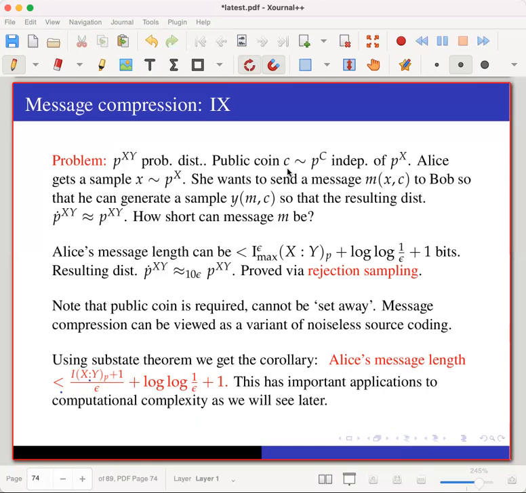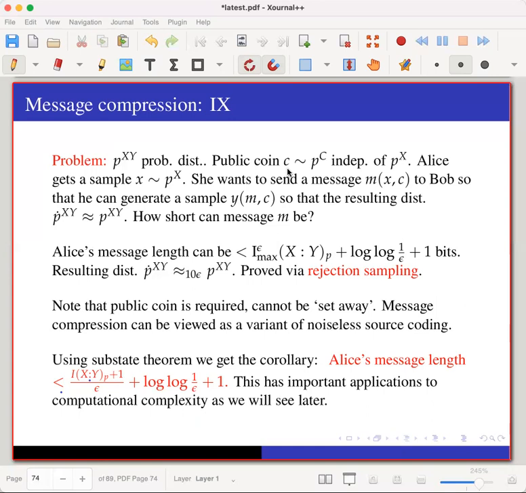Let me give a trivial example. Let us say I have just one bit, and the two distributions that I'm dealing with are concentrated on 0, distribution number 1, and concentrated on 1, distribution number 2. The average of this is the half-half distribution.